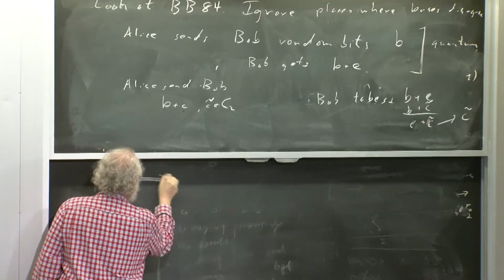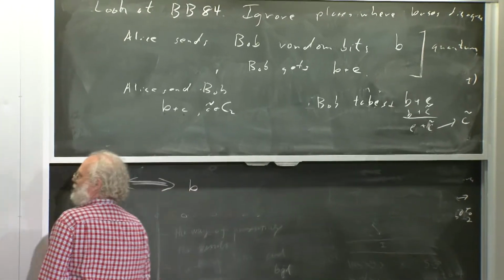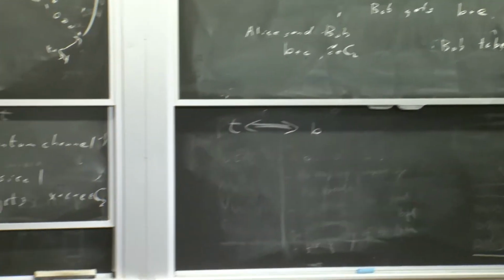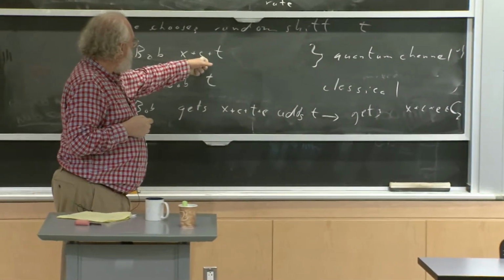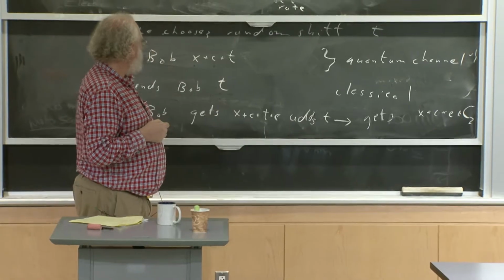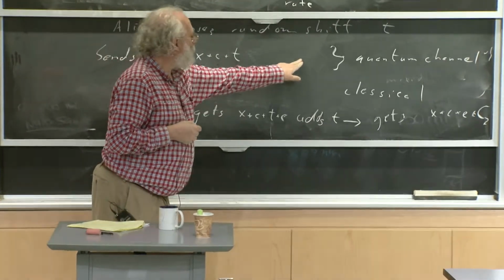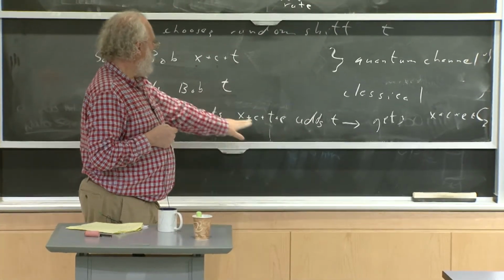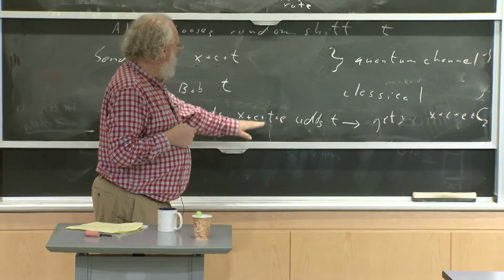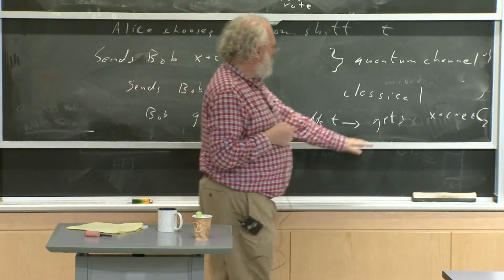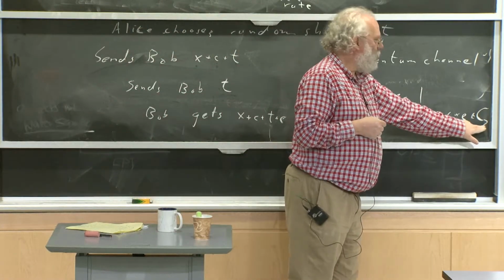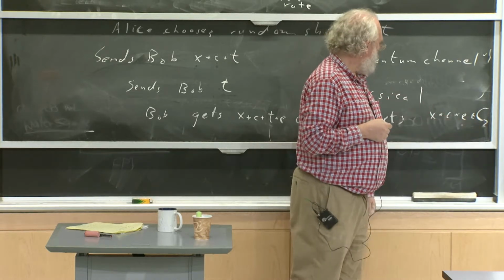So Alice sends Bob something in C2 plus T on a quantum channel. She sends him T on a classical channel. And he adds them and gets something where he can decode with the code C2 to get the error.